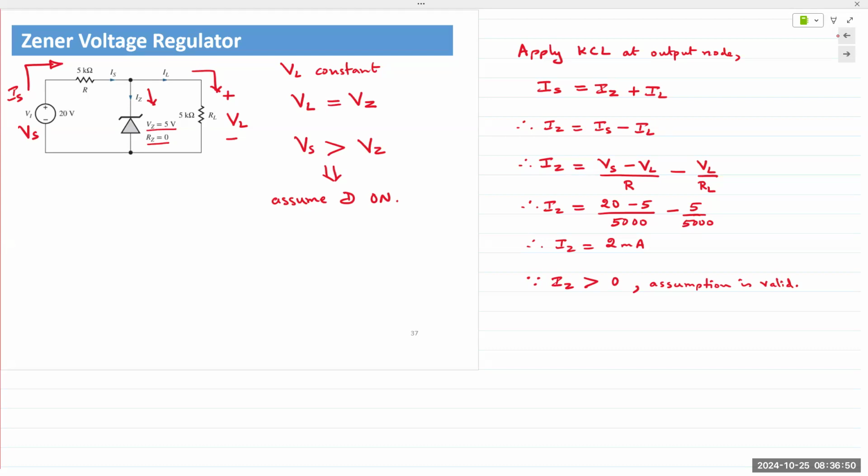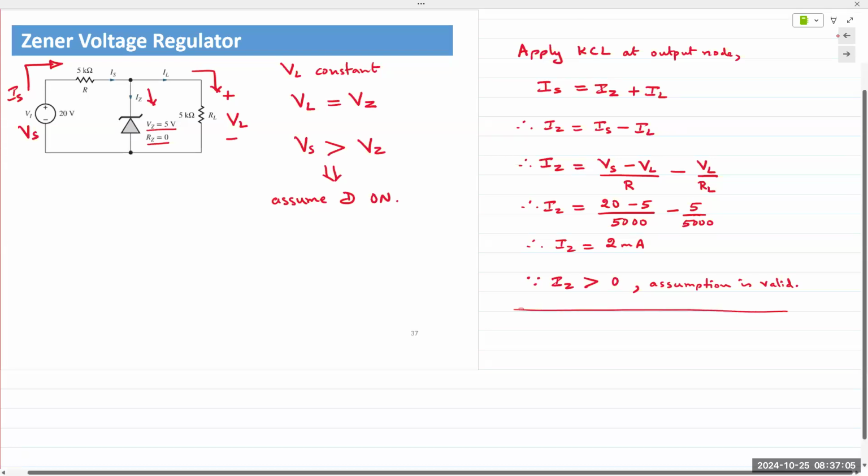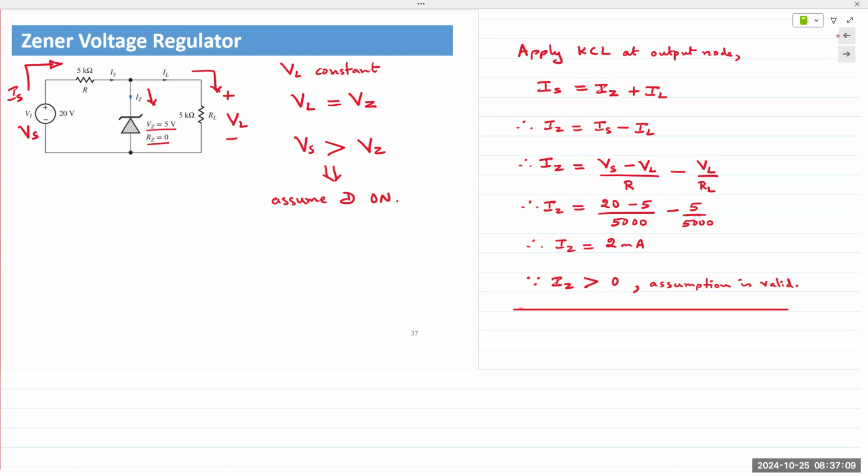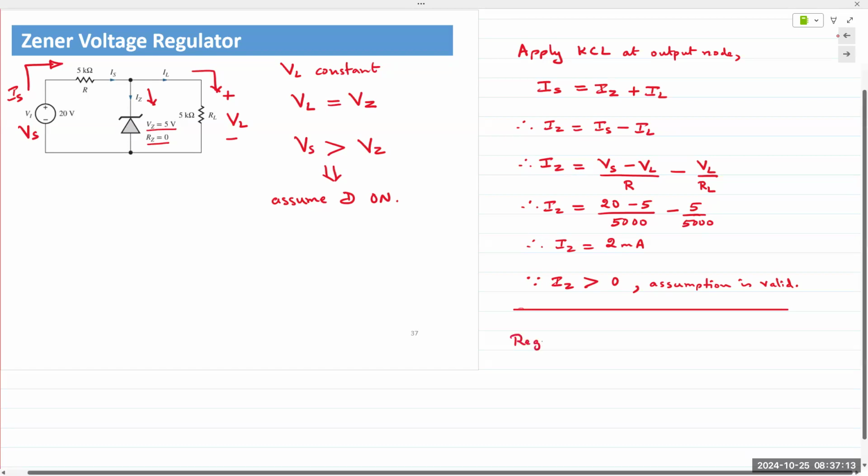So in order for the Zener to work effectively as a voltage regulator, the load resistor must have a minimum value. In this case, we can derive that minimum value from the previous equation itself, right? So for proper regulation, the Zener must be on.